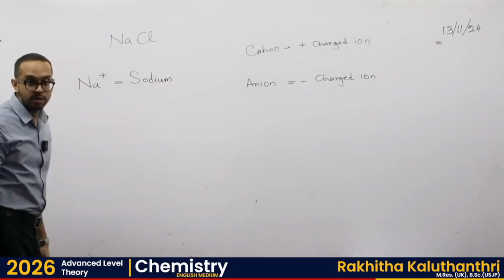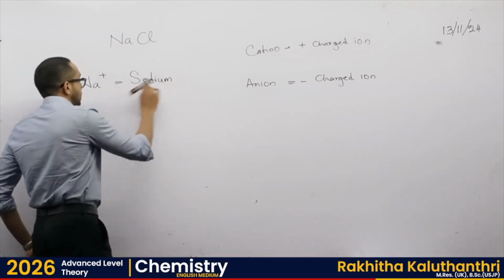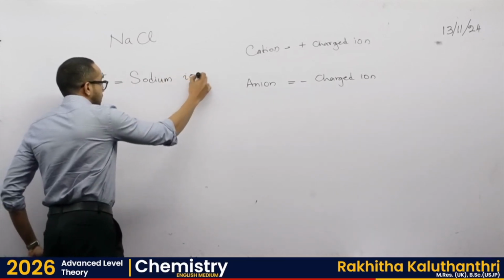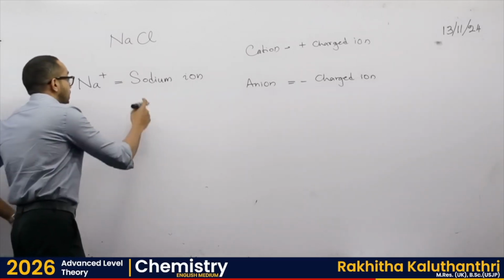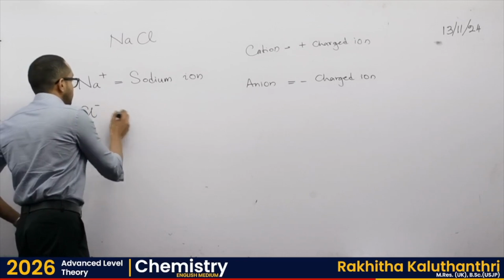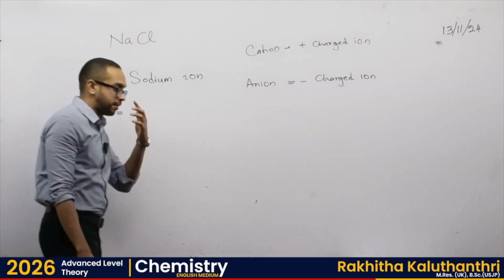Is that clear? We just write sodium. If you want to write it as an ion like this, actually since I have just written Na1+, we write it as sodium ion. And then when it comes to negatively charged ion, now there can be many types of negatively charged ion, students.